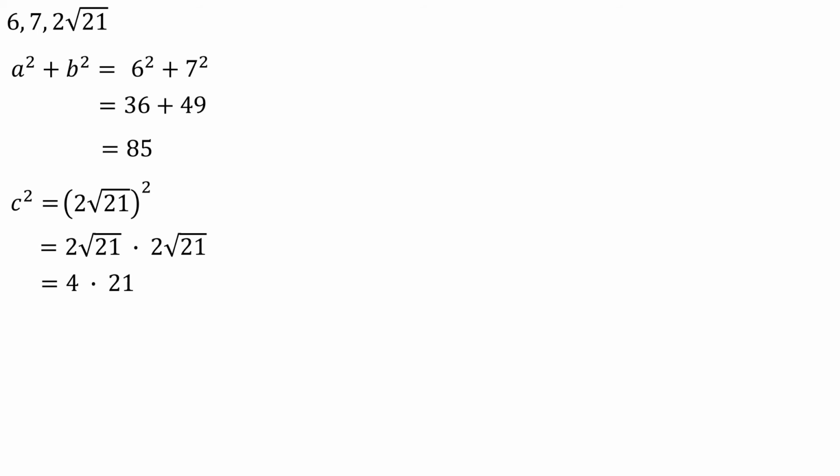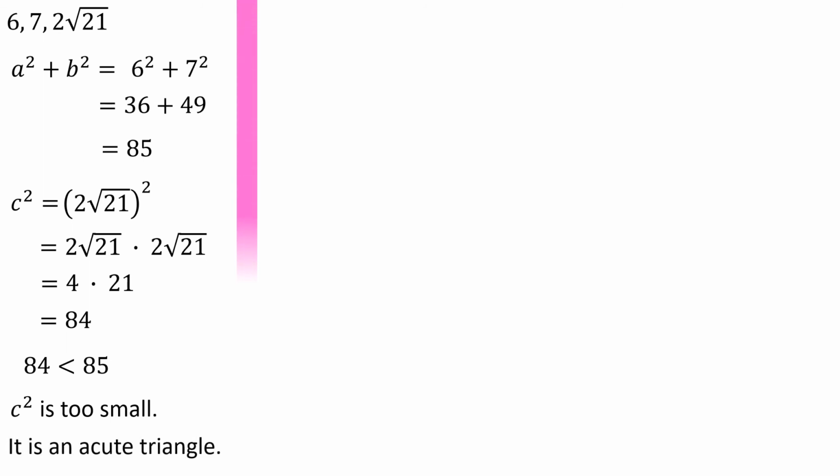Square root of 21 times square root of 21 is going to be 21. That gives 84, so this is really close, but it's not a perfect match. So c squared is too small, so it has to be an acute triangle.